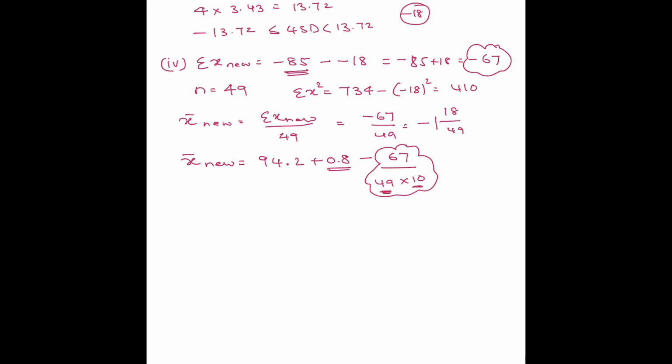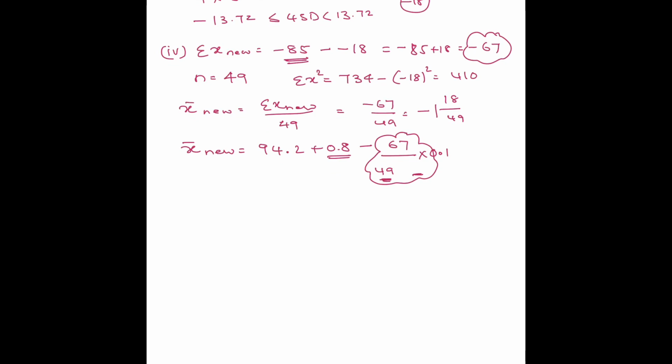The number of values. What is 10? You can write divide by 10, because it was to the nearest 0.1, it's the same thing. So I write it as 94.863265, approximately 94.86 to 4 SF.